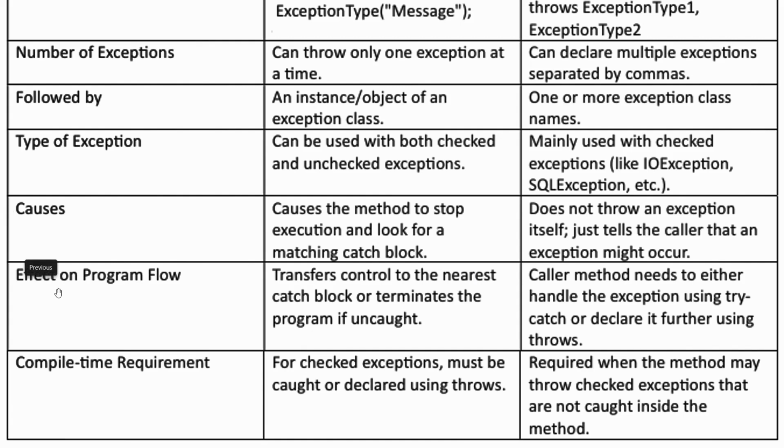This is the effect on the program flow. The throw keyword transfers control to the nearest catch block or terminates the program if uncaught. With the throws keyword, the caller method needs to either handle the exception by using try and catch or declare it further by using throws.